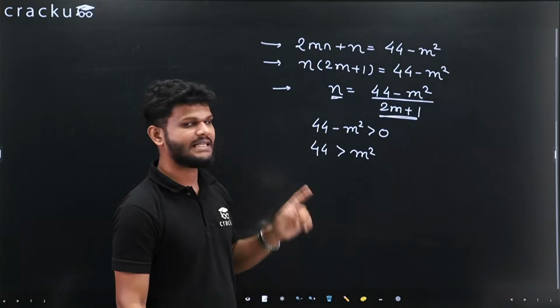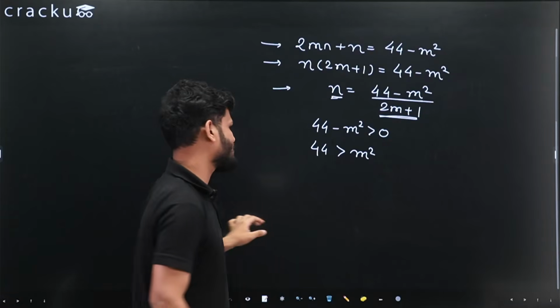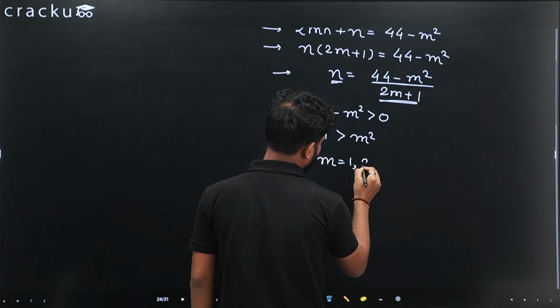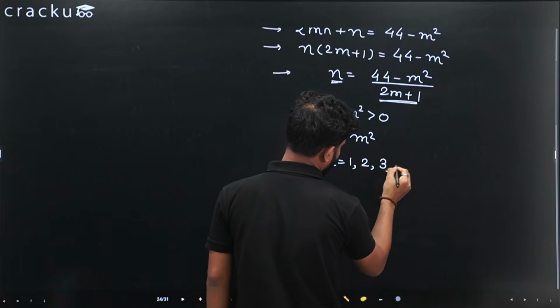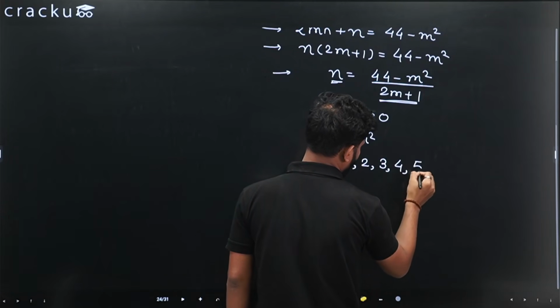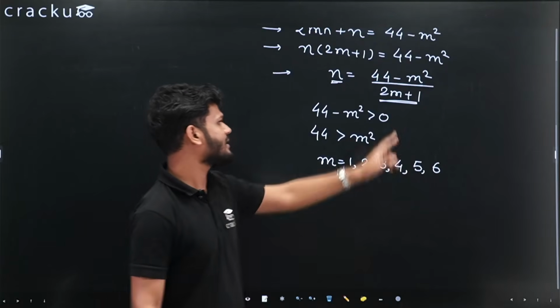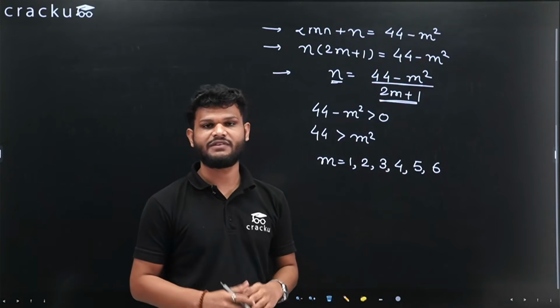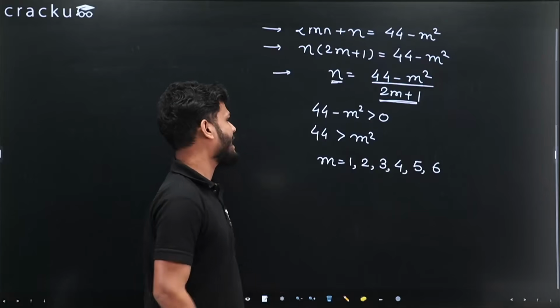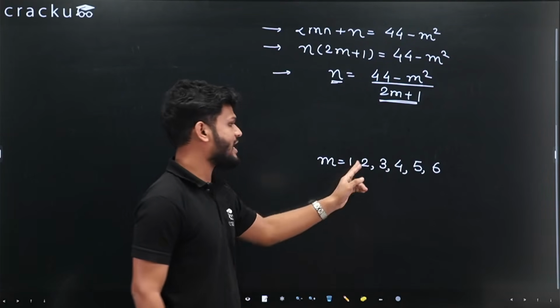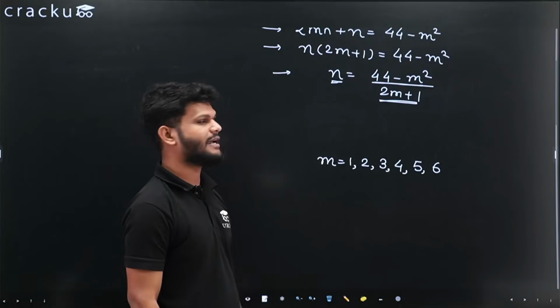So if m square is less than 44 and m is a positive integer, m can be 1, 2, 3, 4, 5 or 6. If you take m is equal to 7, it will be 44 minus 49, which will be a negative value, and hence n won't be a positive integer. Now we need to check for these possible values of m.